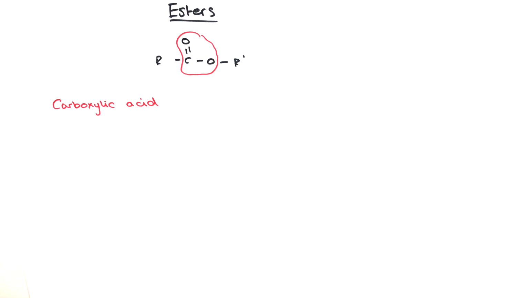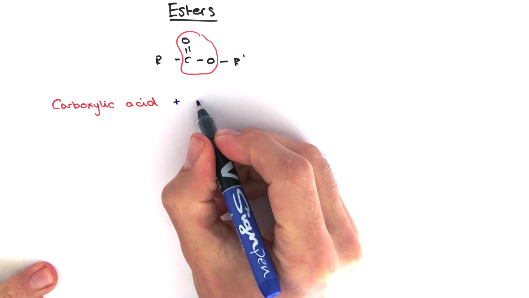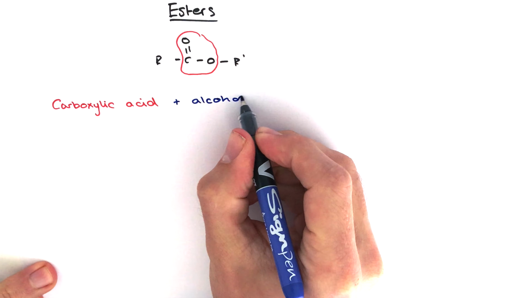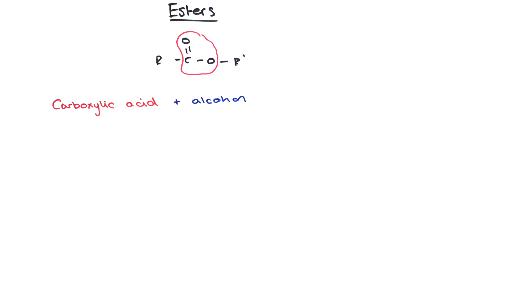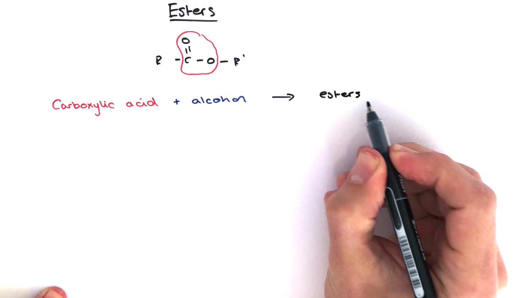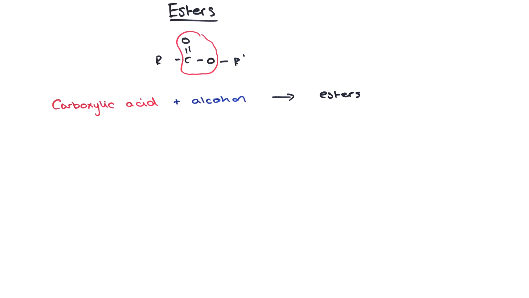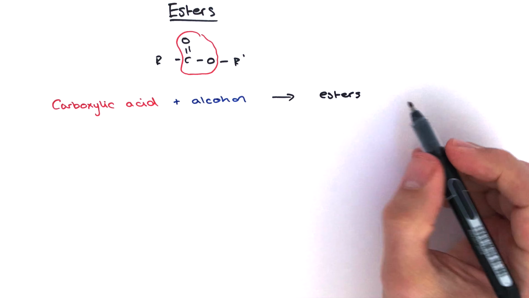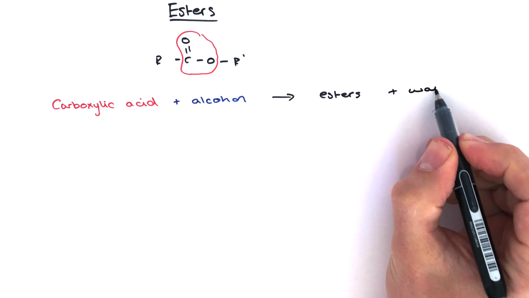They are reacted with alcohols, and then they'll form an ester as a product of this reaction. So our ester would be our main product here, and I'll put our ester in black here. I'm going to use colours in this video just to show you quite clearly where the different parts come from in the ester. It'll be important to have a look at that in a second. And then our other product here is water from the reaction.